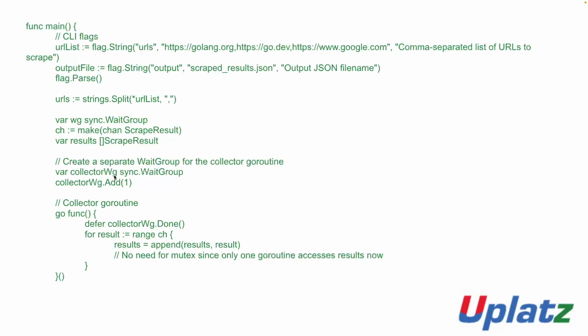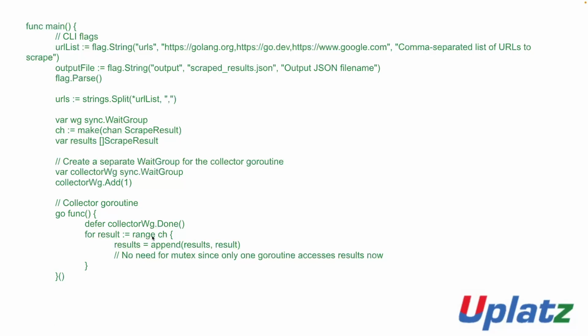Make a channel for scrapeResult, scrapeResults. It is a separate wait group for the collector goroutine: collectedWG, a sync.WaitGroup, then collectedWG.Add(1). Then the collector goroutine defers collectedWG.Done() after it is done.